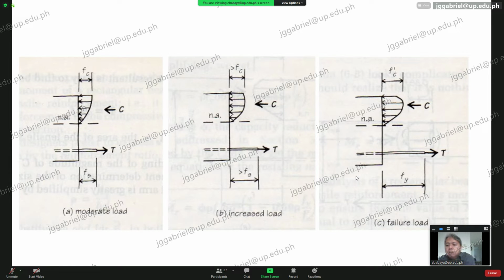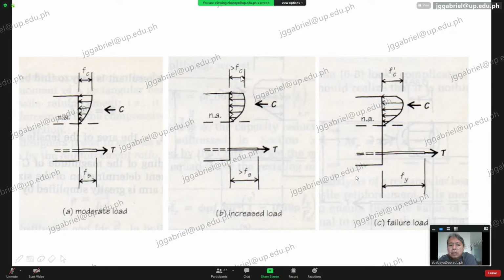So mag-i-increase din yung stress. Now, at failure load, okay, look at this. At failure load, you have here fy, the reinforcement reaching the yield stress, and then your f prime c is at maximum.